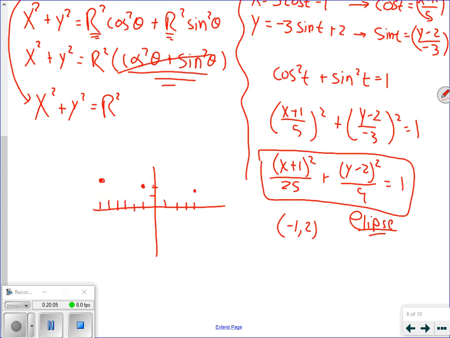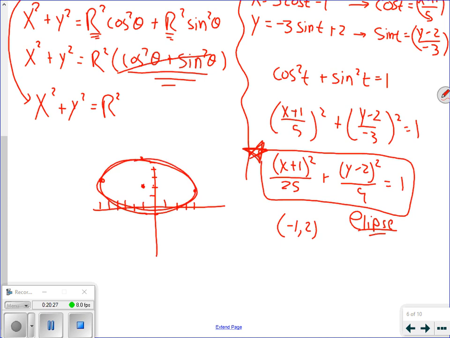And it extends vertically up 3. So that's my ellipse. That's the graph that it makes. So if you don't know conic sections, we will review this a little bit together. But the point is that that parametric curve makes a circular type shape.